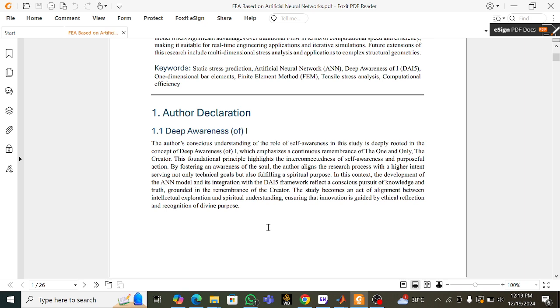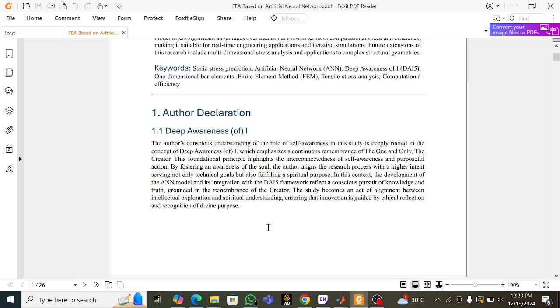Our mind should be connected with our heart, and our heart should be connected with Allah. We can analyze problems very well if we follow deep awareness of I, who made us, who created us.